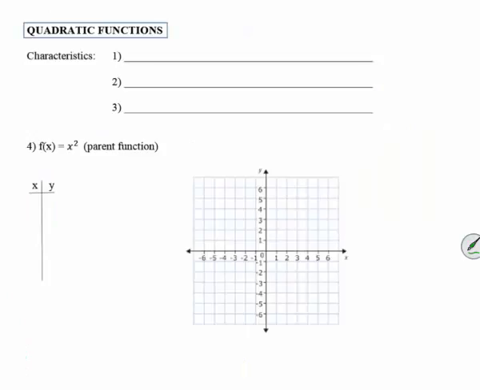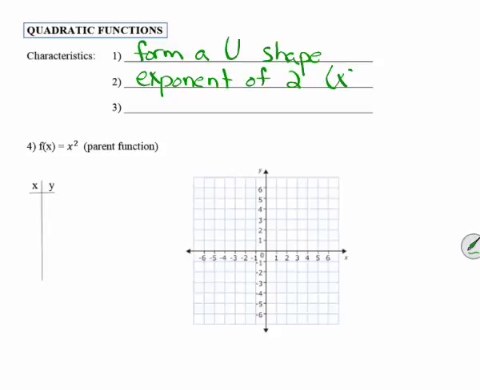We're also today going to talk about something called a quadratic function. Quadratic functions form a U. They have an exponent of 2, which means that we're going to have an x squared somewhere in here. And it's also called a parabola.